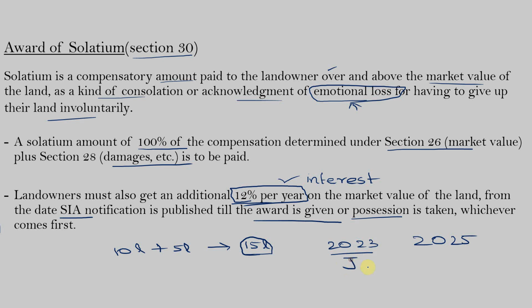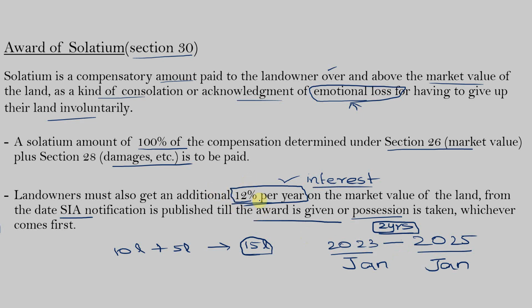So, in January 2023 the notification was issued, and in January 2025 the land was taken away by the government. So, there is a delay of 2 years from the issuance of notification to the acquisition of the land. So, for this 2-year delay period also, an interest amount shall be paid by the government.